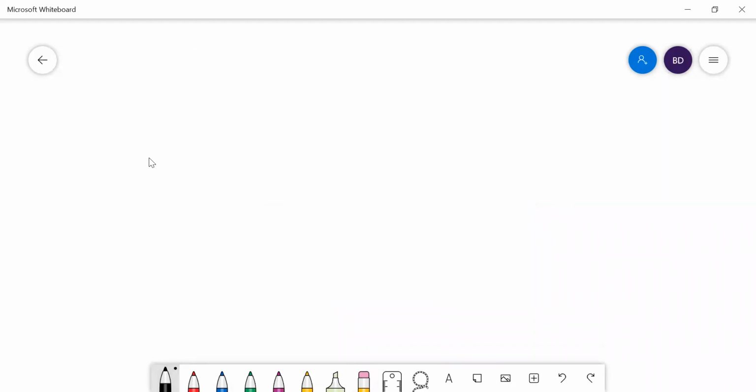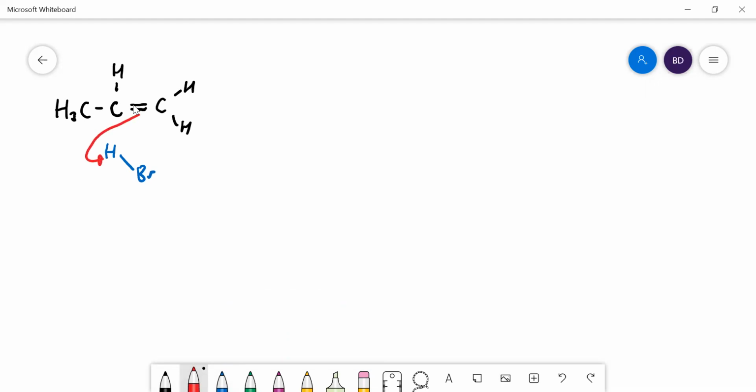Right, so let's draw our propene here. Here's our HBr. The electrons come off the pi bond and go onto the hydrogen. Simultaneously, the bond between the hydrogen and the bromine has to break, so let's draw two arrows.